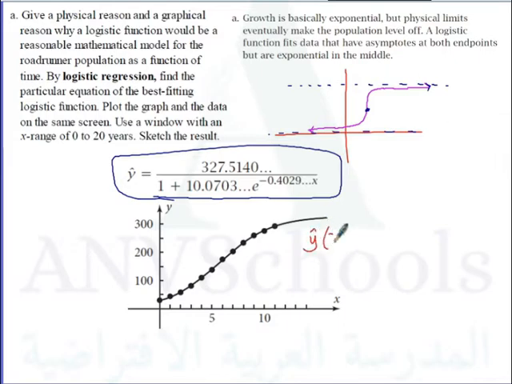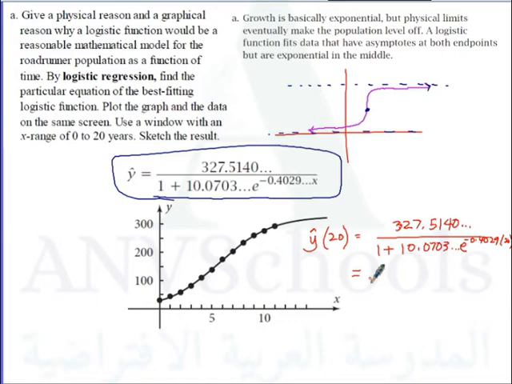Y hat of 20 is 327.5140 over 1 plus 10.0703 e to the negative 0.4029 times 20, and using a scientific calculator or your grapher, this will eventually give us the answer.